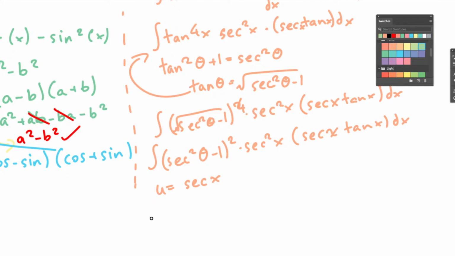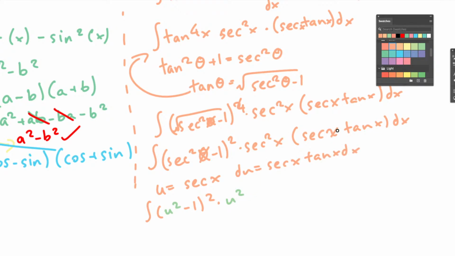So then that becomes the integral of u squared. Why are there thetas some places and secants on the others? Okay. u squared minus 1 whole squared times u squared, and we know that du equals secant x tangent x dx.